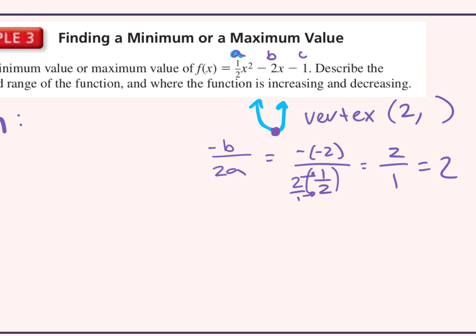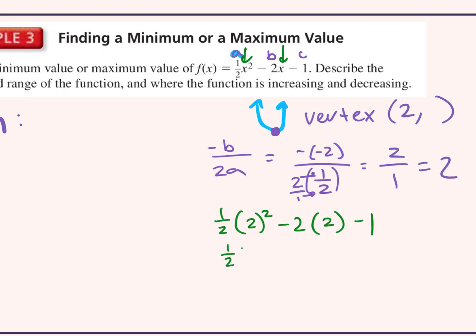All right, so the first number in our vertex is 2. How do we find the second number? Plug it back in. I'm going to plug it into the x's. So I have 1/2 times 2 squared minus 2 times 2 minus 1. So 2 squared is 4.